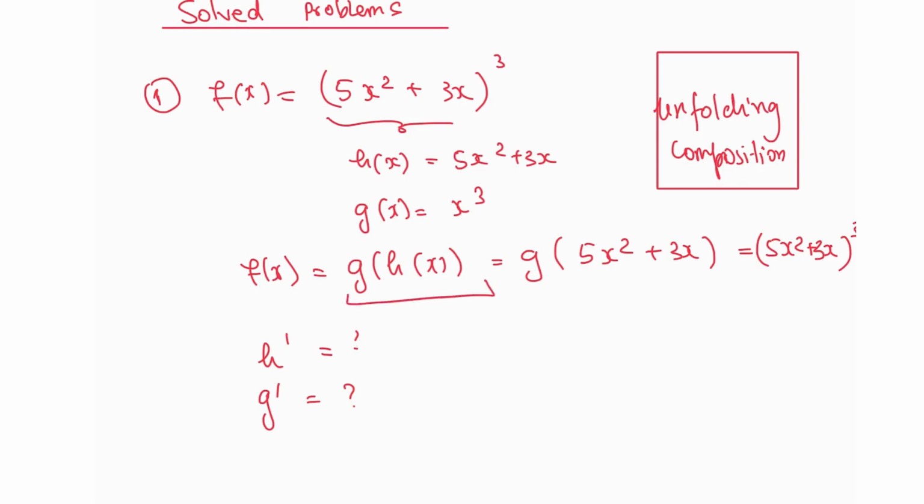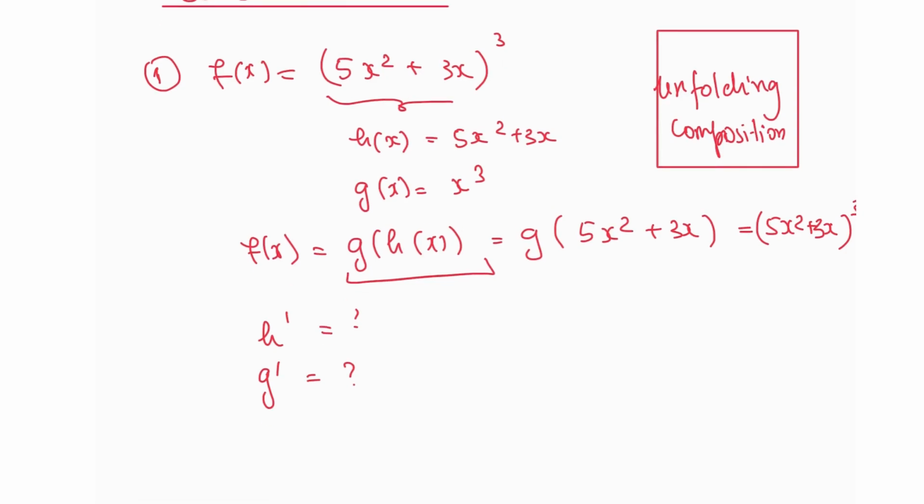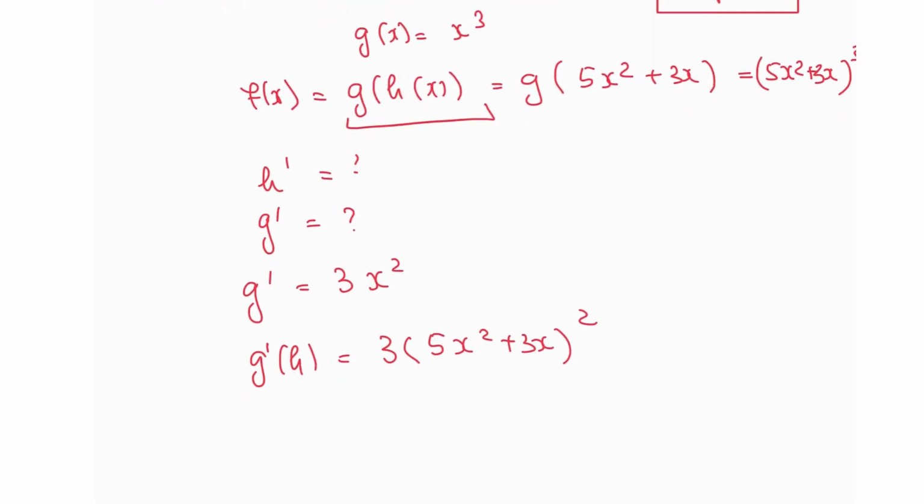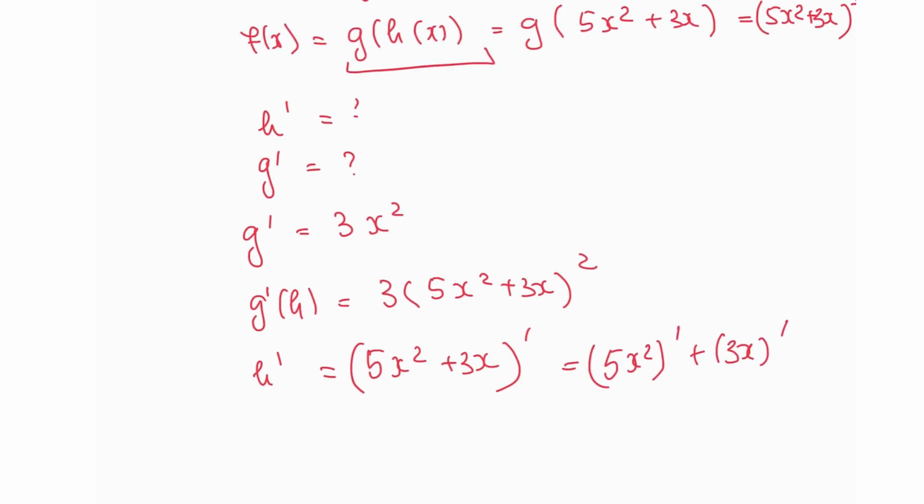Now g prime is 3x squared. So g prime of h is 3 times 5x squared plus 3x, and then squared. And h prime is the derivative of 5x squared plus 3x, which is 5x squared derivative plus 3x derivative, and that is 10x plus 3.